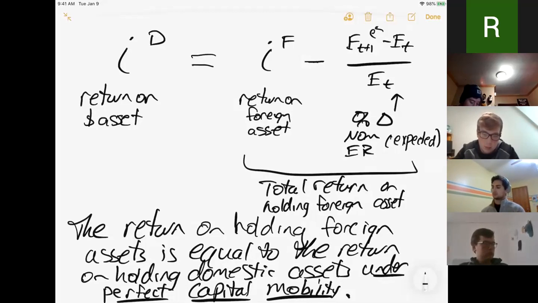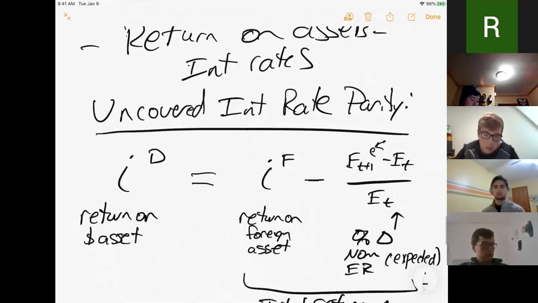Well, then we should expect the return on similar assets in Canada to be pretty much the same thing as a return on a similar asset in the US. And so uncovered interest rate parity just says interest rates should really be the same across countries, adjusted for differences in the exchange rate.